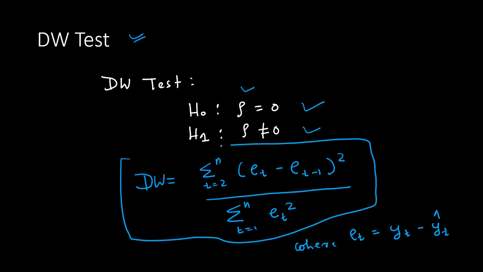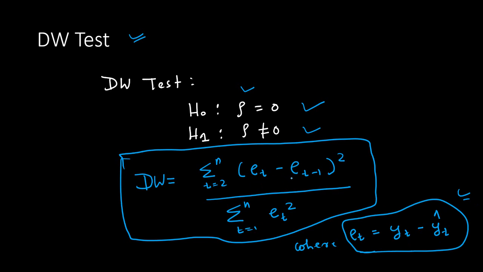Okay, this is just a formula. We wouldn't go into the details of the formula, but I'll just tell you what exactly it is. We have got the error term here, and this is just a notation, so don't be confused between et and epsilon t. We found out the error term from here, and we just put it in this particular statistic, and we calculate what is known as the DW statistic. It's easy to compute because finding et is easy.